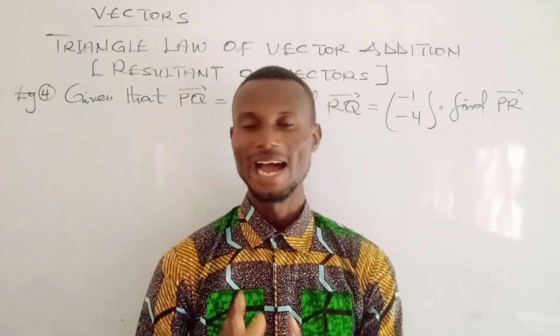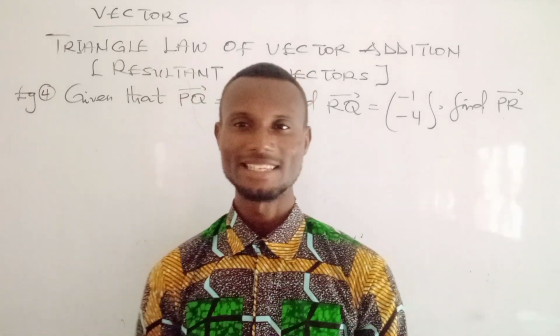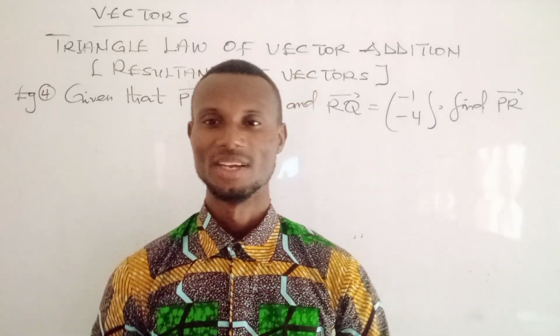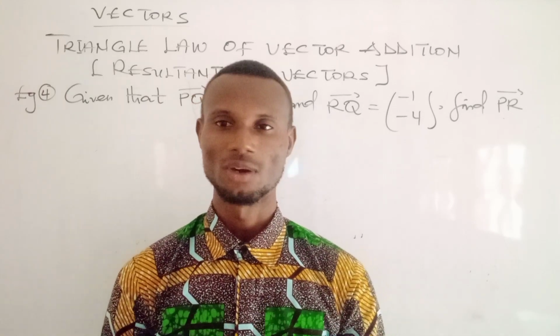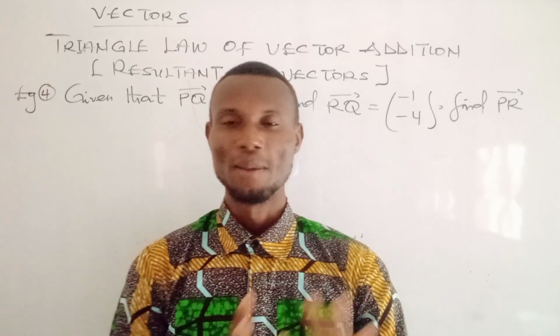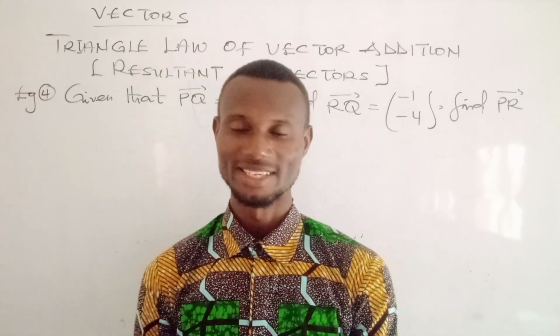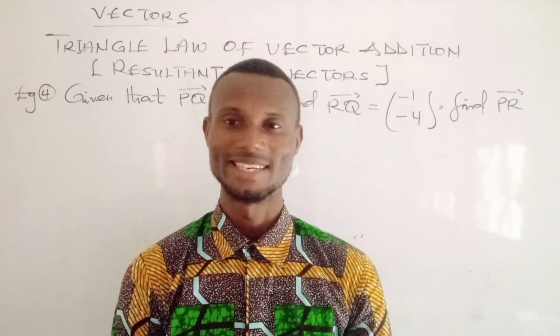Okay, so I've explained to you from the previous videos that anytime you have a question on resultant of vectors, it's important that you draw the triangle. Because drawing the triangle makes the work very easy and simple. So we are going to do exactly that.